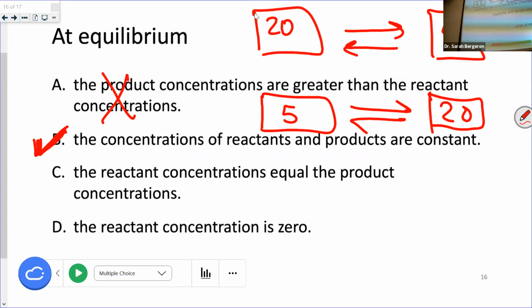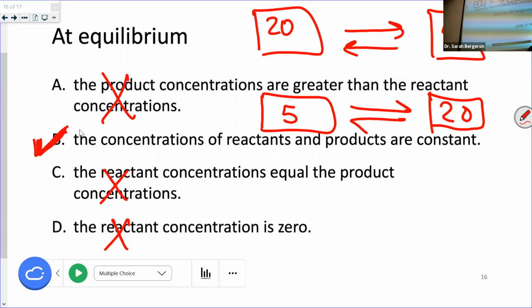The reactant concentrations equal the product concentrations. How about that? Do you have to have the same number of people on the bench as on the court? No. The reactant concentration is 0. No. Right? Okay, so what do we say? Good. So make sure that you know the difference between what happens at equilibrium to the reaction rates and to the concentration of the products and the reactants.